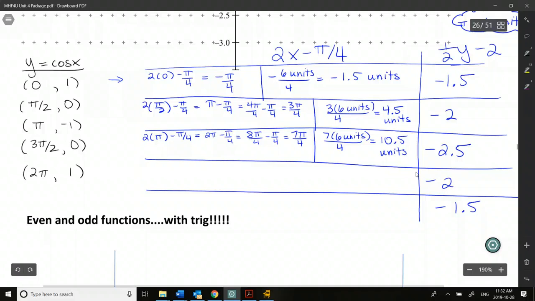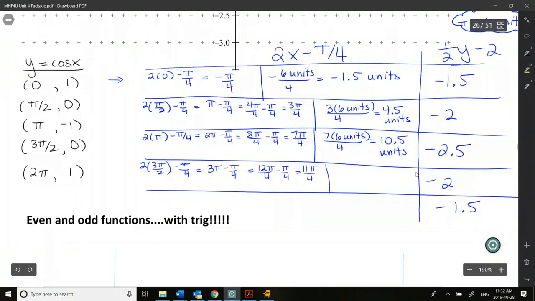6. Okay, so I'm going to really quickly find the last 2 here, and then we won't have time to graph today. We'll finish the graph tomorrow. So this one gives us 11 pi over 4.